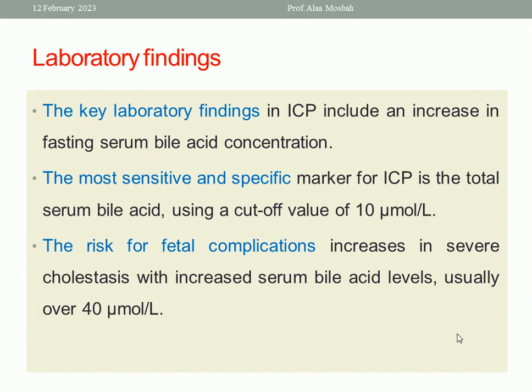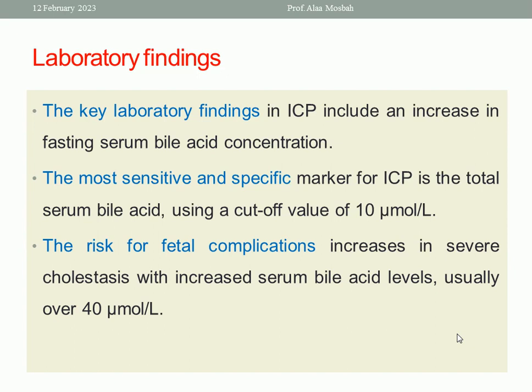It is considered the most sensitive and specific marker for intrahepatic cholestasis. And usually we use a cutoff value of 10 micromole per liter. Okay, so the cutoff for bile acid for intrahepatic cholestasis in pregnancy is 10 micromole per liter.